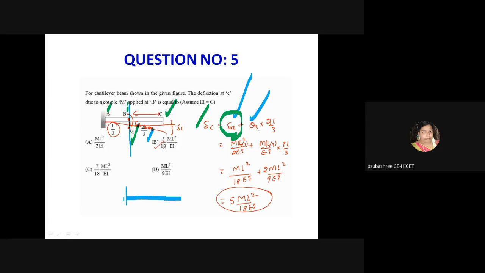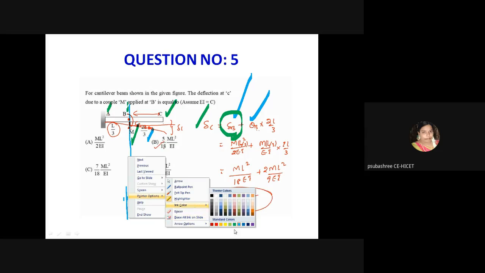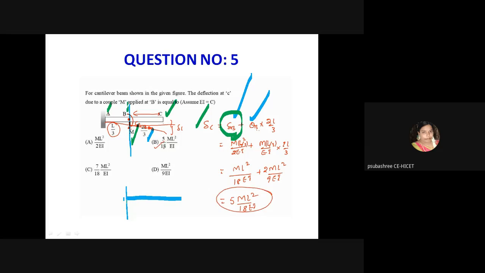Drawing the deflection of the beam, it should look like this.